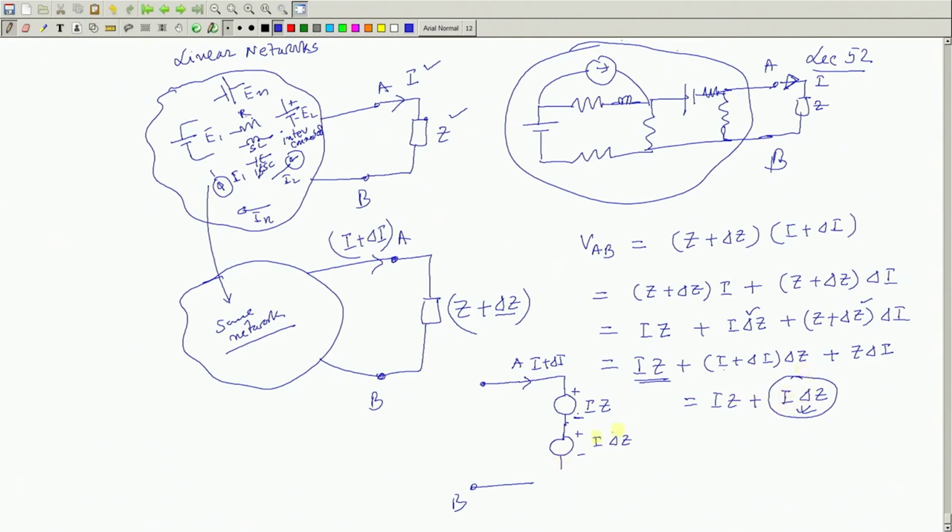What is that term? Got the point? I z, then I plus delta I into delta z. So, I into delta z will be there. Okay, first I will do like this.